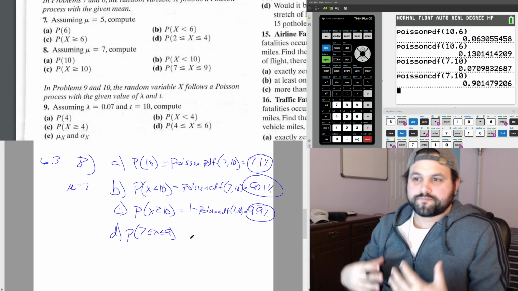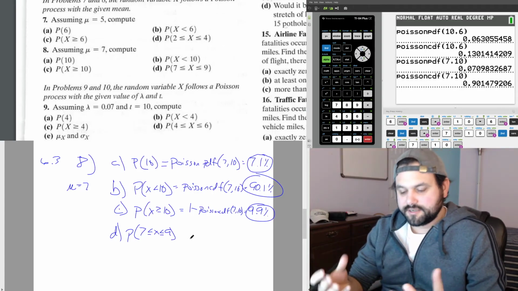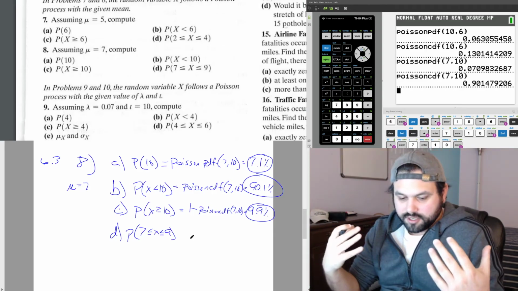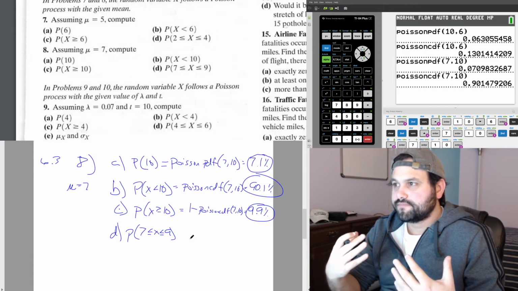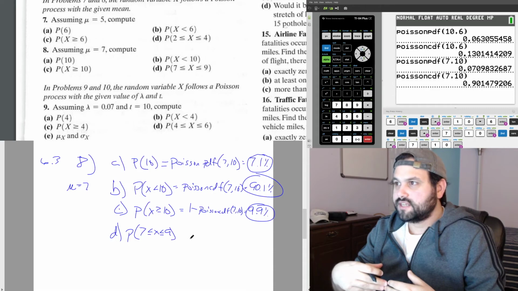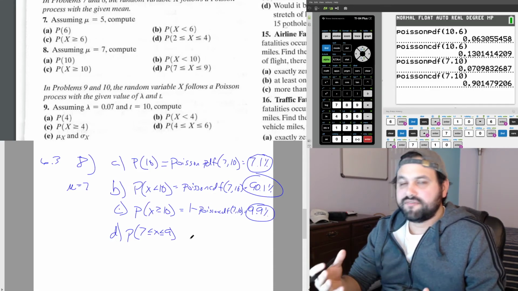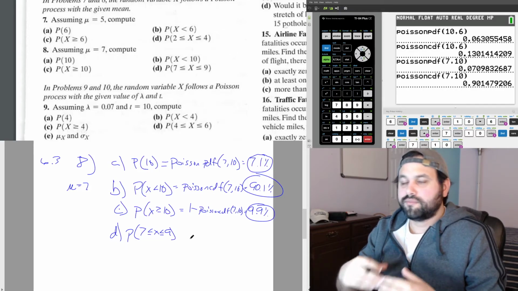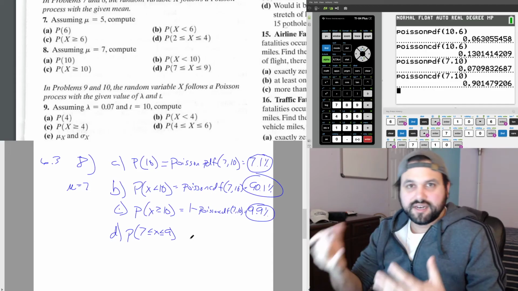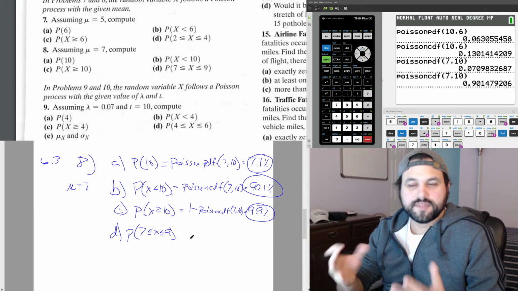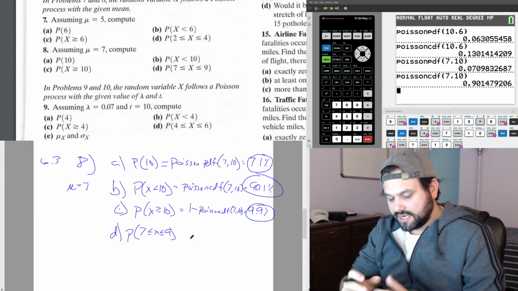Just to put some context here, if we were talking about 2 cars on average per minute, and let's say we're looking at a 3.5 minute interval, what's the probability that between 7 and 9 cars arrive? That's what this question would be getting at.